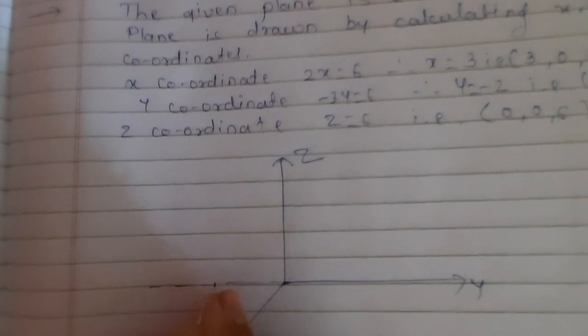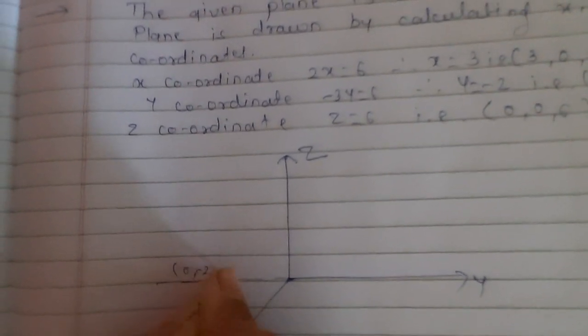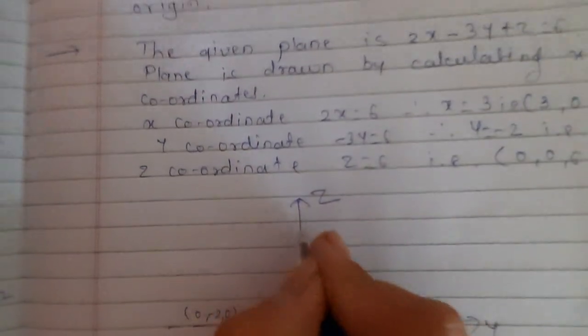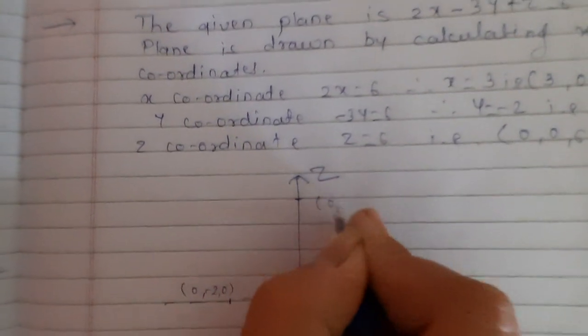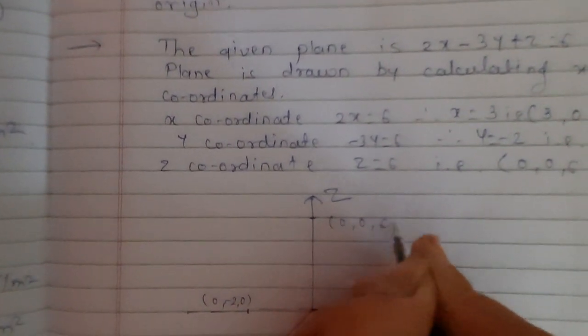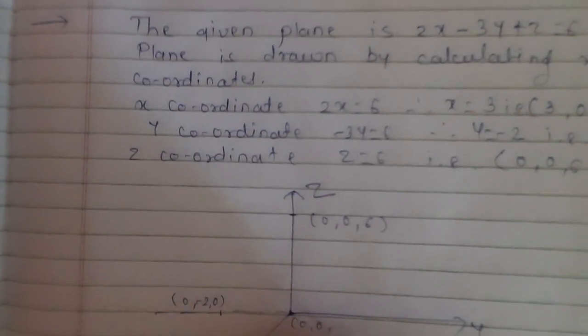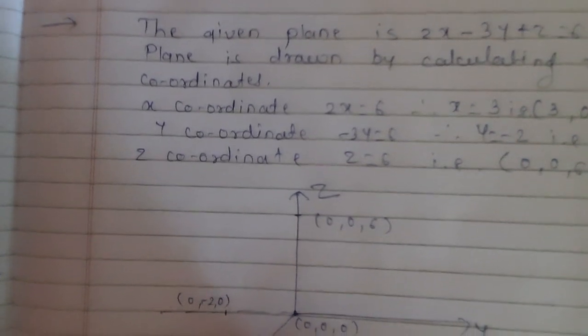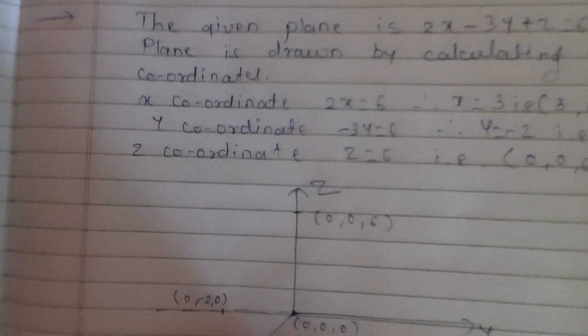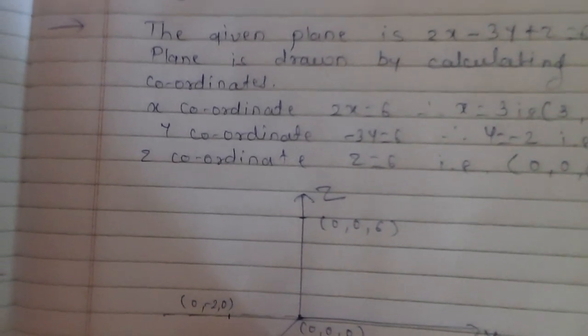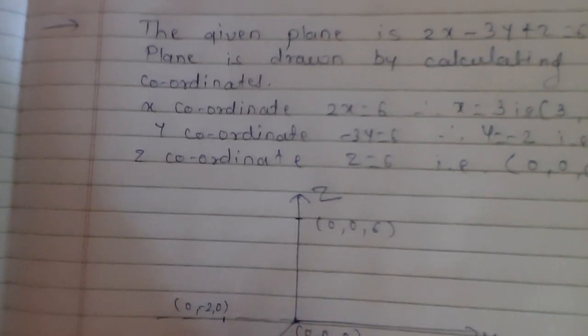Now I have to draw the plane. So this point is 0, minus 2, 0. This point is 0, 0, 6. This point is the origin 0, 0, 0. And on the x-axis it is 3, 0, 0.